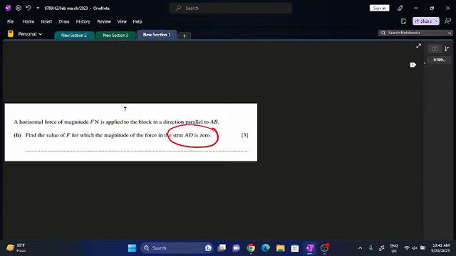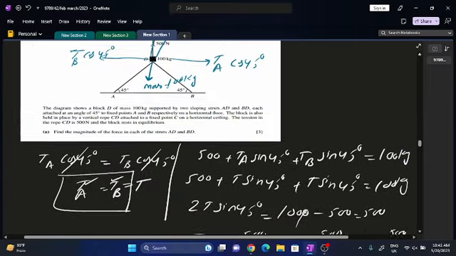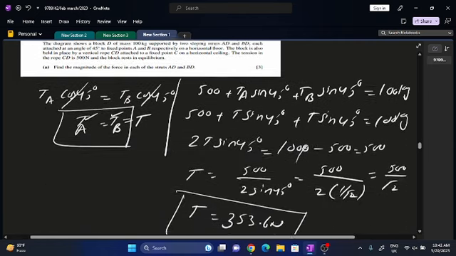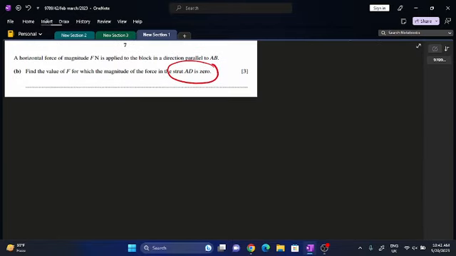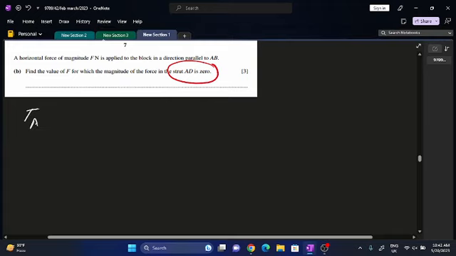If you go back to the figure, the force acting along that component would be 0, so the tension along AD would also be 0. As a whole, TA for that case will equal 0.